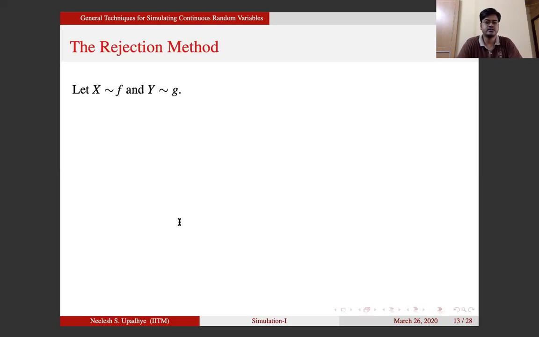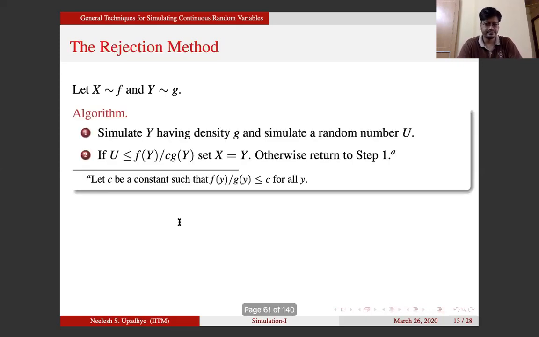Now my interest is in simulating the random variable X, which has density small f. How will I simulate X using my knowledge about the simulation of Y? This is a powerful method, and we will see its power in due course. So let us try to see what algorithm this method uses.